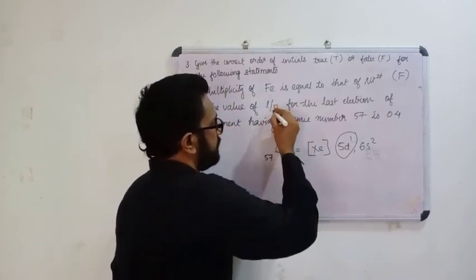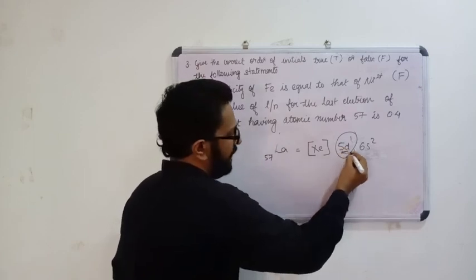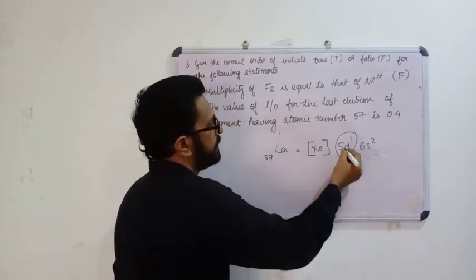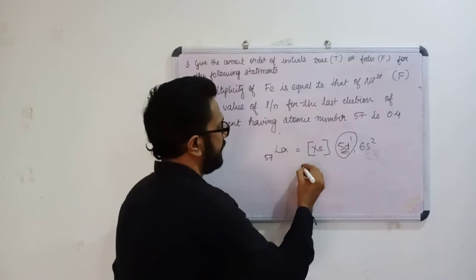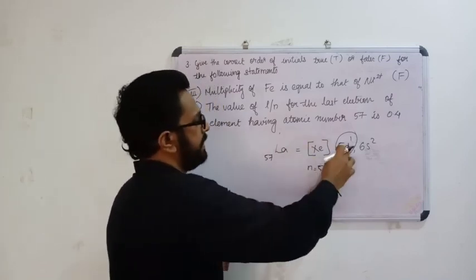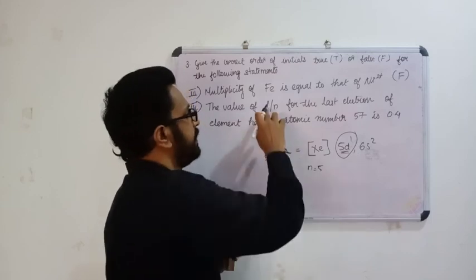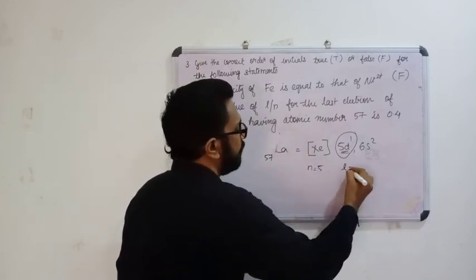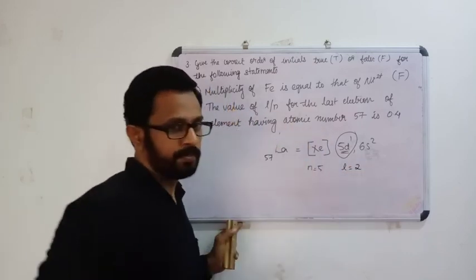Since it is 5d, n is obviously 5. Since it is a d orbital, the l value, as you have already learned, is 2.